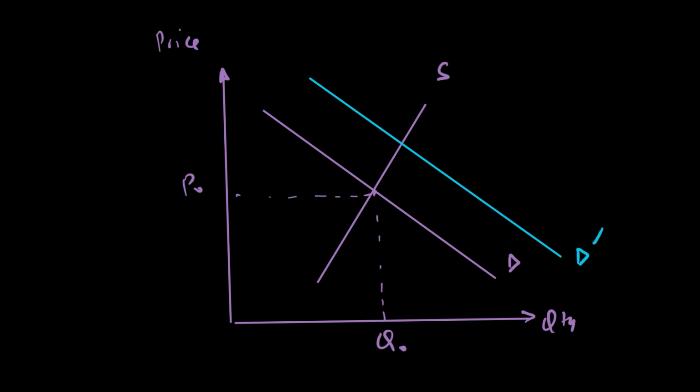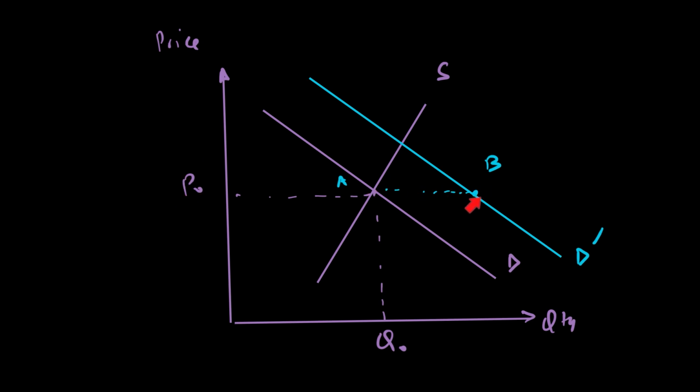Now what is happening as a result of this is that at the equilibrium price P naught, suddenly quantity demanded is not equal to quantity supplied, but there is a difference, and that difference here is this distance AB, where the quantity demanded at P naught is much higher at B, while the quantity supplied is at A, which means at the existing price P naught, there is what we call a shortage.